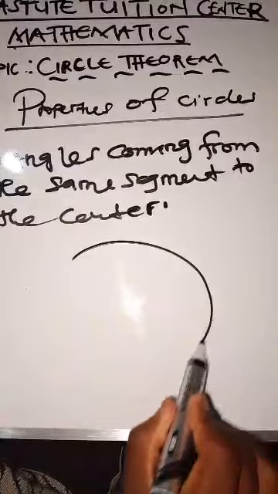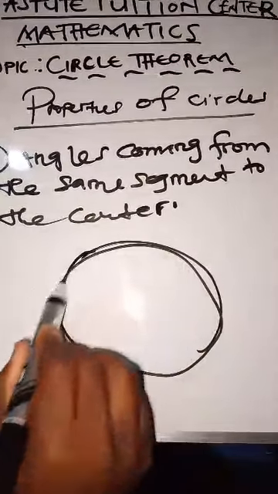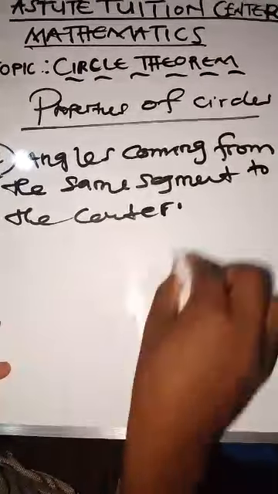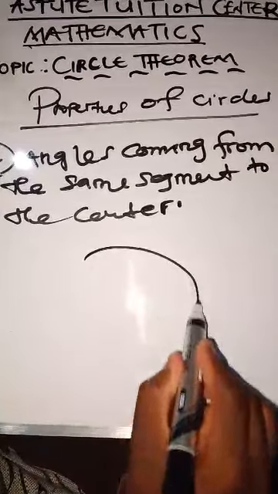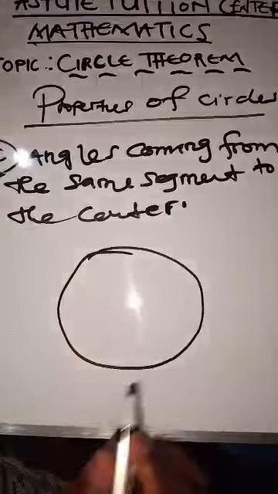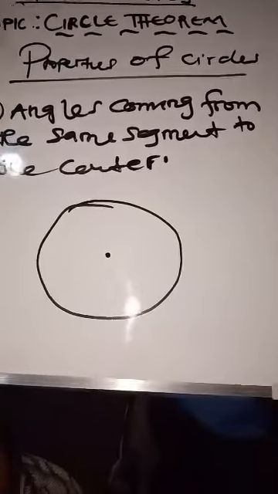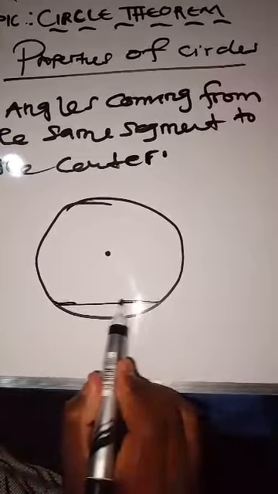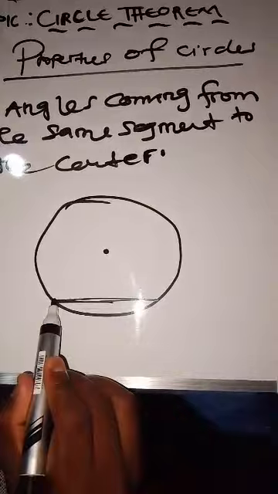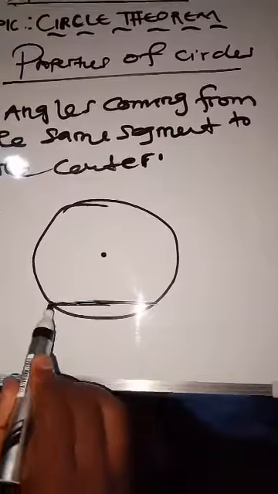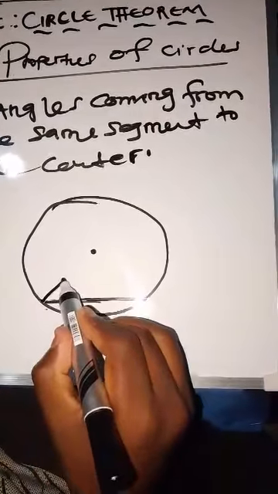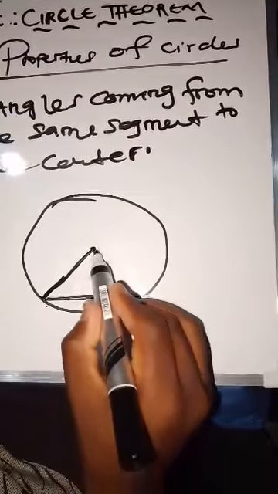So an example, you have got a circle here. Then let us say this is your center. Okay, so now we have got a segment somewhere here. This one here is a segment, so this one is a chord here. So angles coming from the same segment to the center, like this.